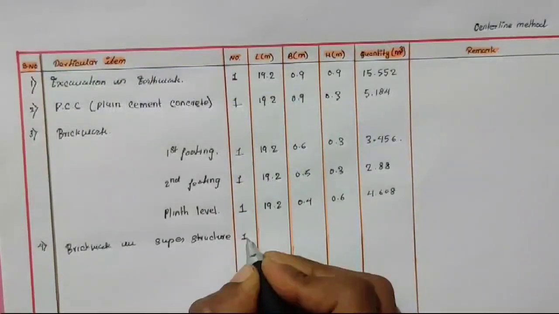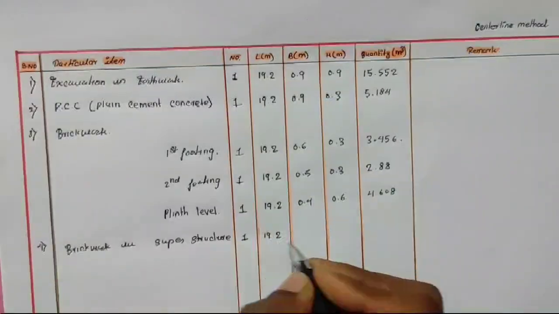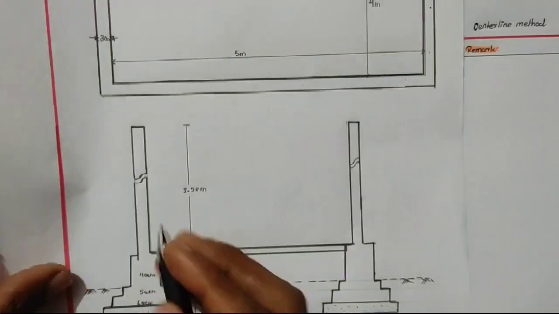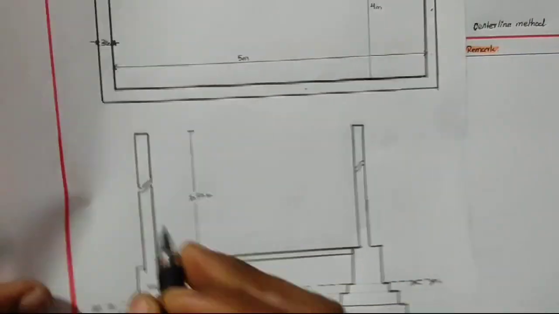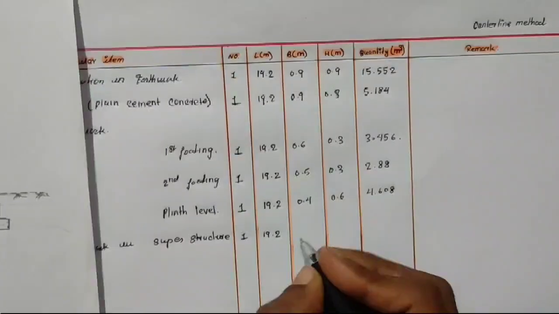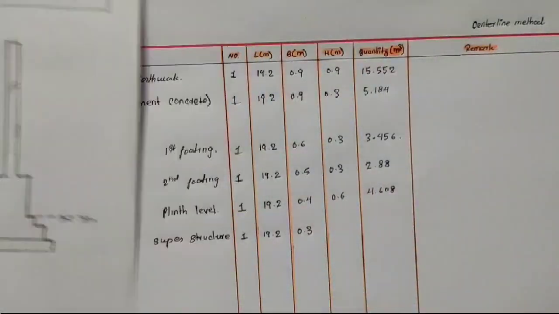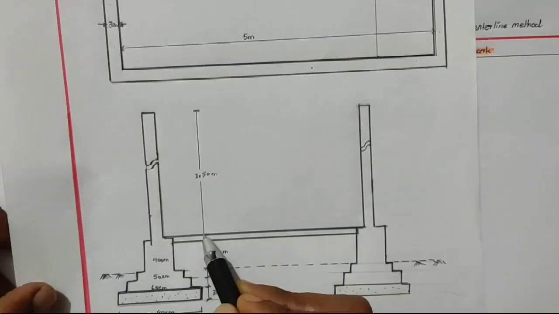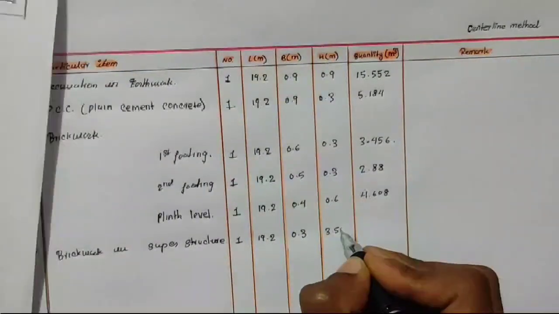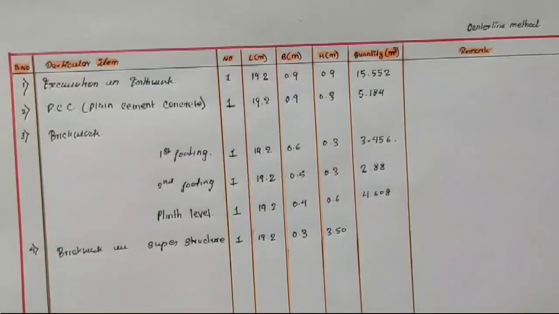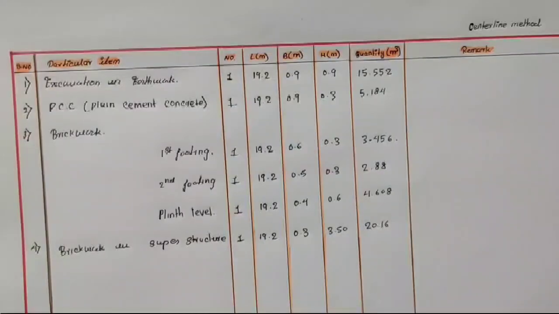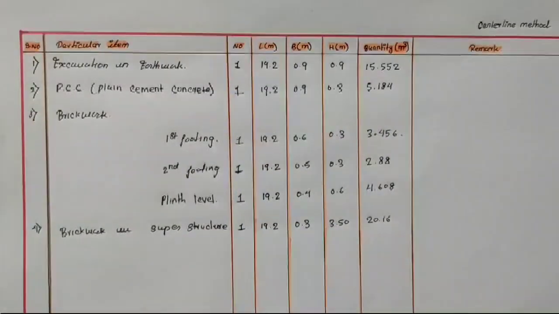Number is 1, length we have got 19.2, and the breadth is 30 centimeter, similar to the wall thickness, so 0.3 meter. Height is, here you can check, from here till here, 3.50 meters. Let me calculate the quantity. So quantity is coming out 20.16 meter cube. So we have calculated all the quantities.